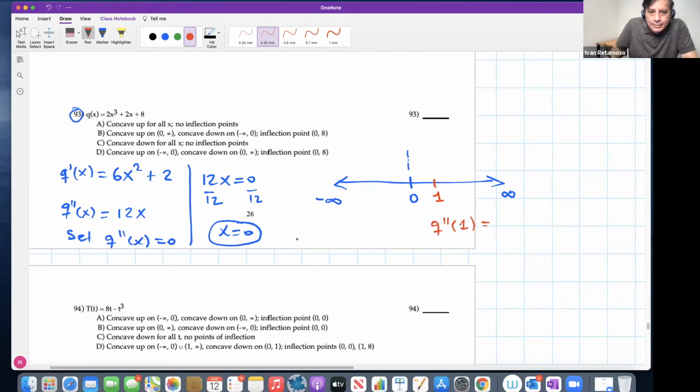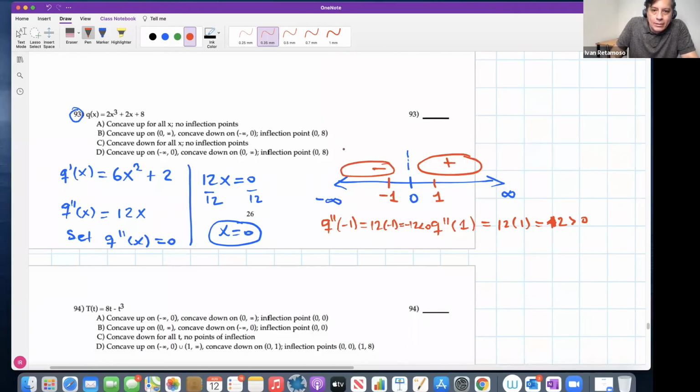Clearly, this is just 12 times 1, positive 12. So this subinterval has a positive second derivative. Now, take another convenient test point such as -1, and evaluate the second derivative at -1. It's -12, which is negative.